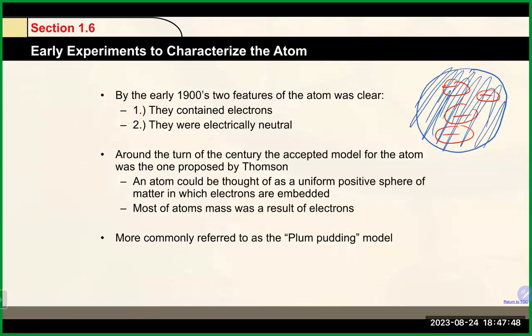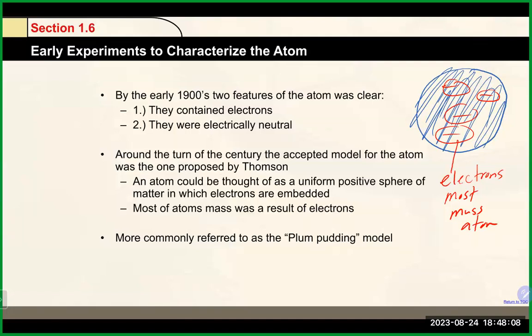A major part of that was he felt that it was the electrons that made up most of the mass of the atom. So this was the accepted model of the time.